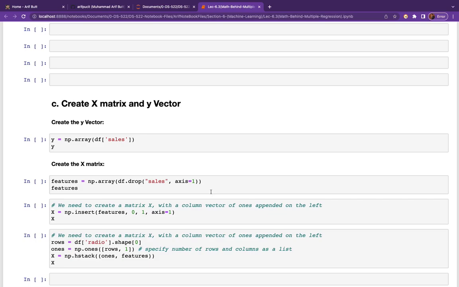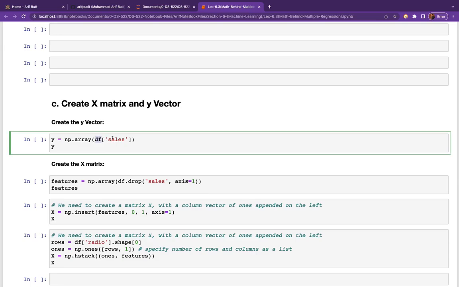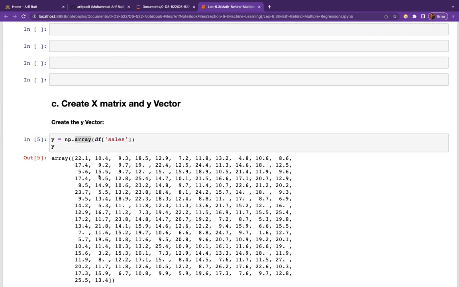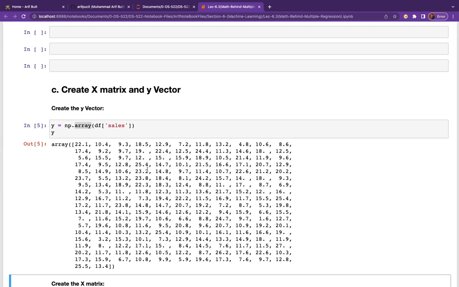Let us now create the output vector y from the sales column of the data frame. I have just used the sales column of this data frame and converted it to a NumPy array. So this is a NumPy array having 200 values of the sales column. So this is our vector y.